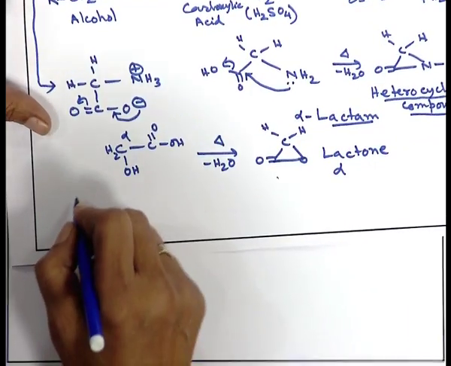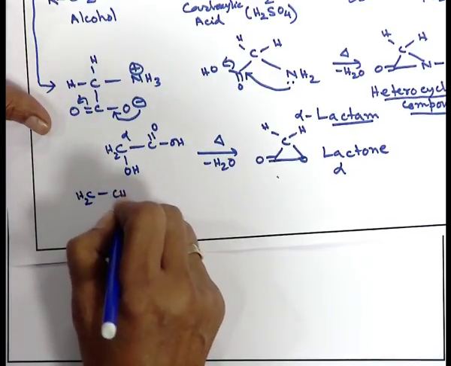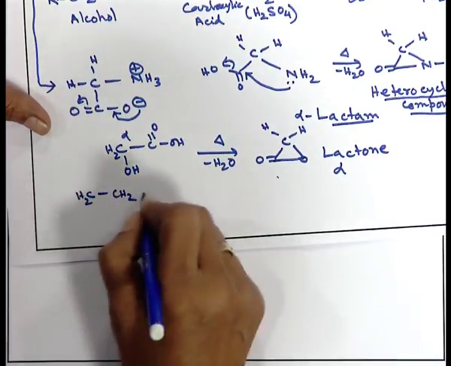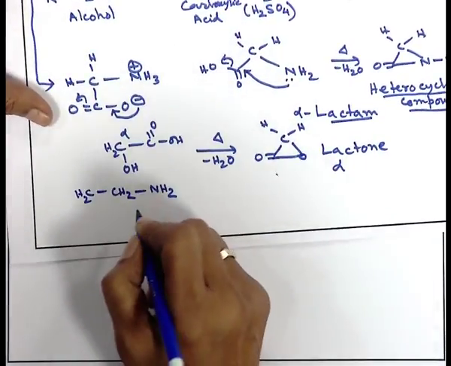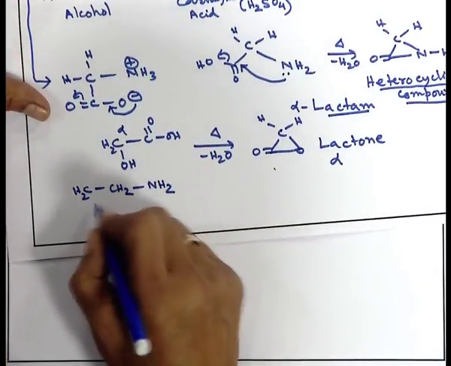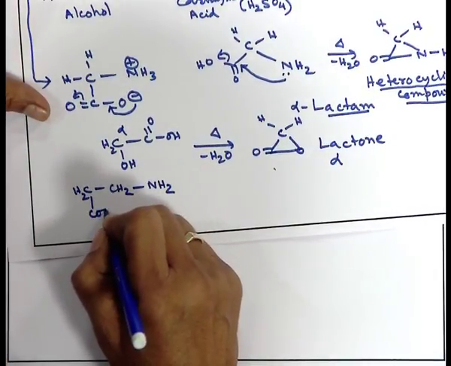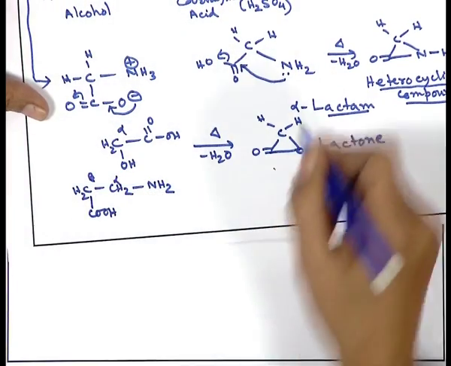If I take a step forward and write down another thing like CH2, NH2, and I put a carboxylic acid at the beta carbon.